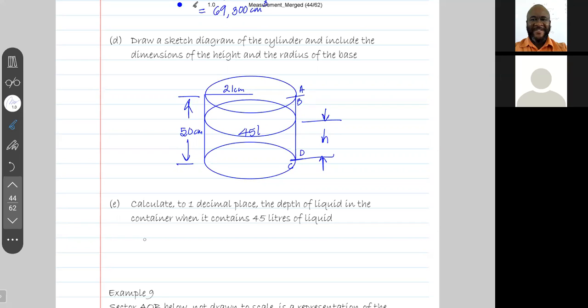So looking at the liquid now, the volume is equal to A times H, and that is 45,000 centimeters cube. We're just looking at the liquid. The liquid takes the shape of the container. The container is a cylinder, so the liquid in the cylinder is also a cylinder.